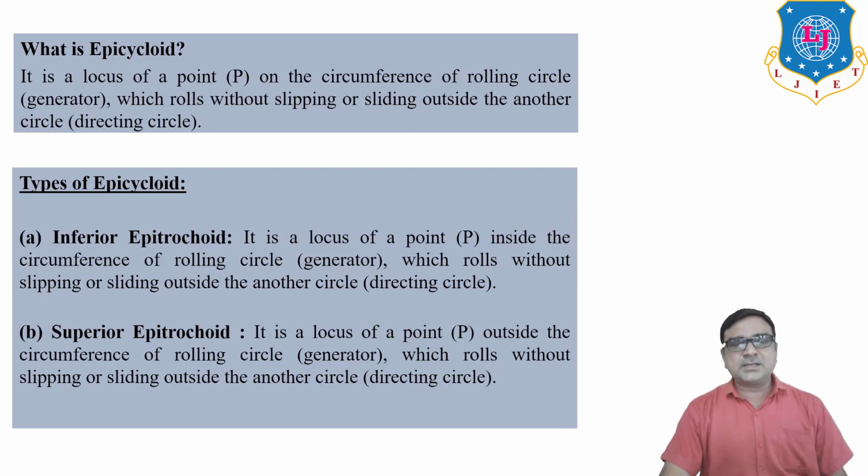Here the rolling circle is also known as the generator or generating circle. Now what is superior epitrochoid? Here it is the locus of a point P outside the circumference of a rolling circle which rolls without slipping or sliding outside another circle.